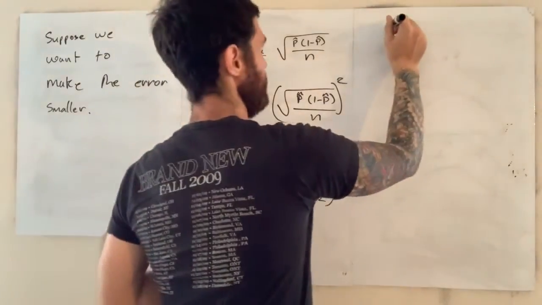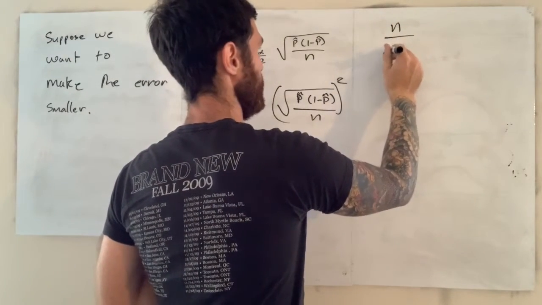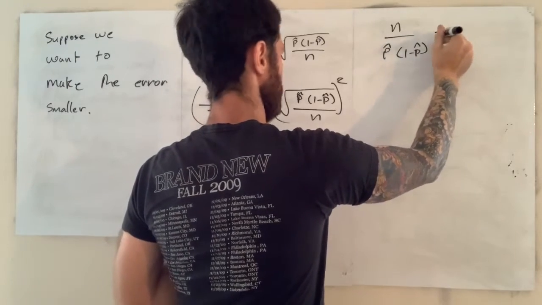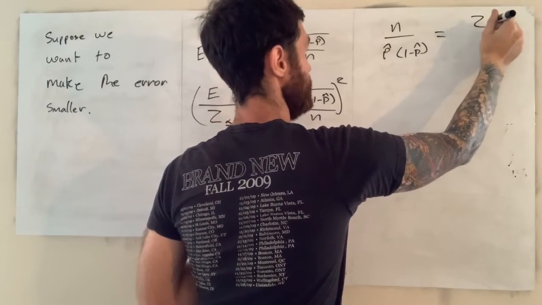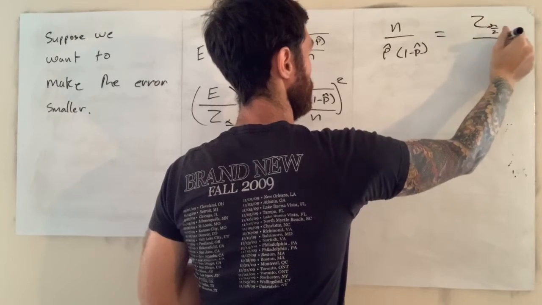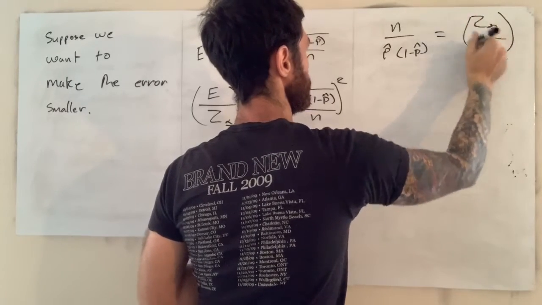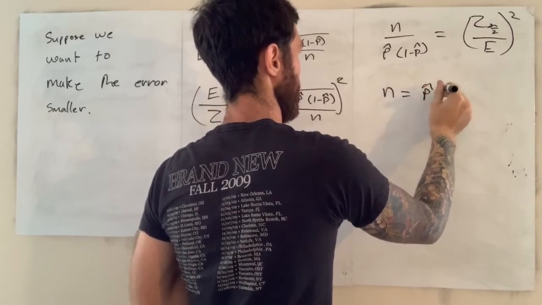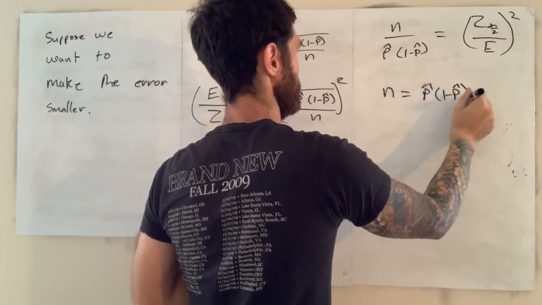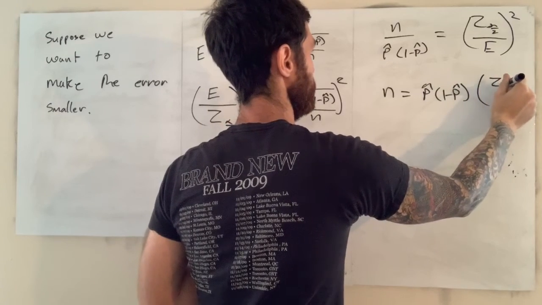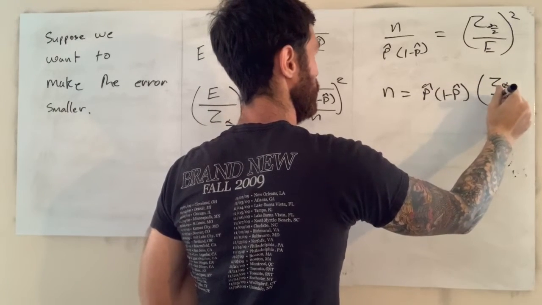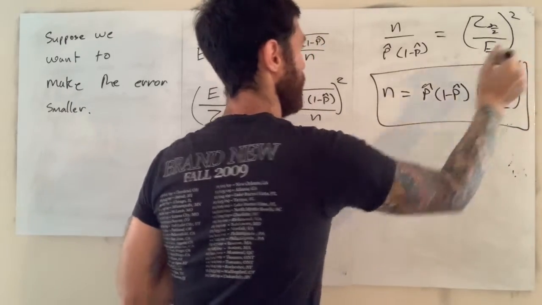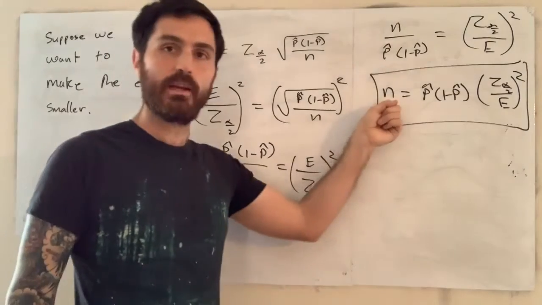And then I'm going to flip that: n over p hat times 1 minus p hat is going to equal z alpha over 2 over e, all of that squared. And then you're going to get n is equal to p hat times 1 minus p hat times z alpha over 2 over e, squared.